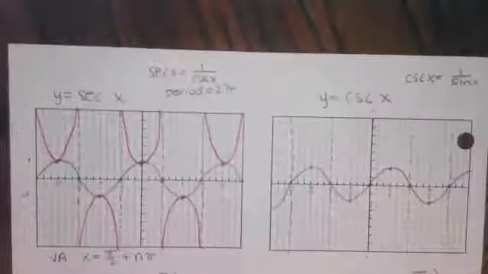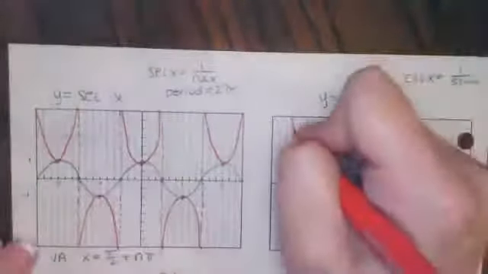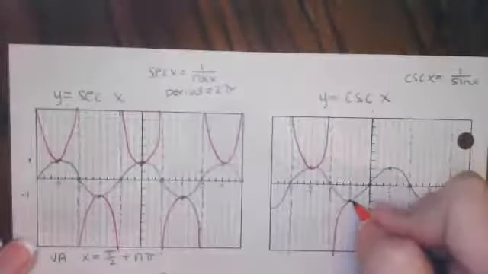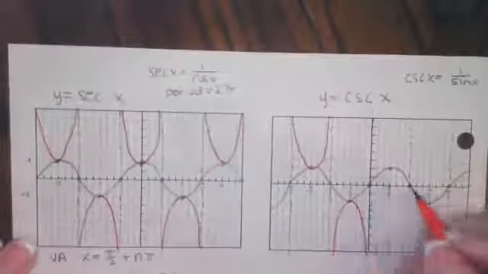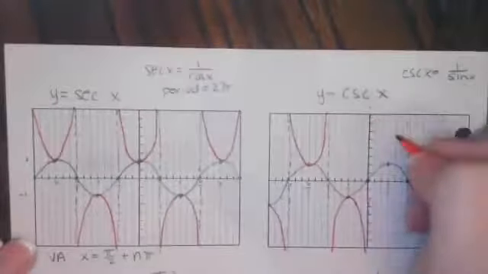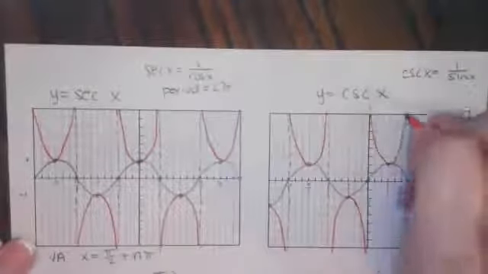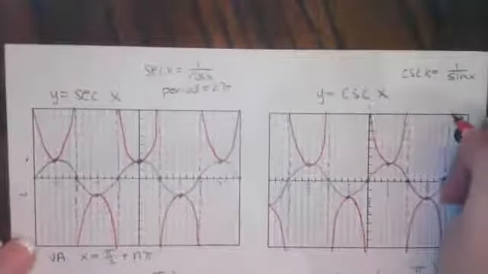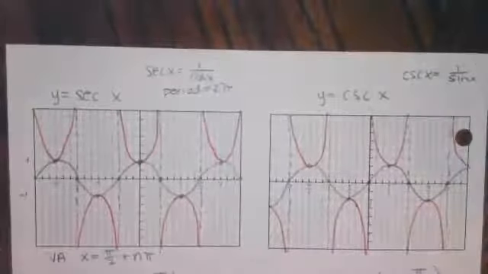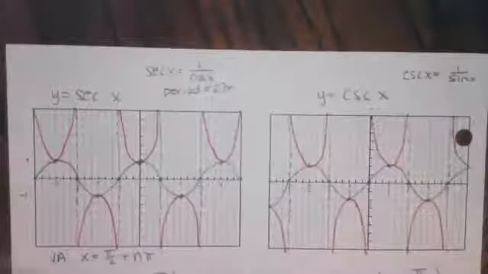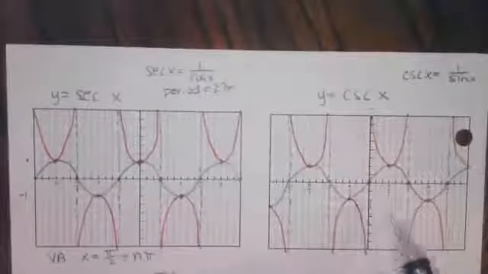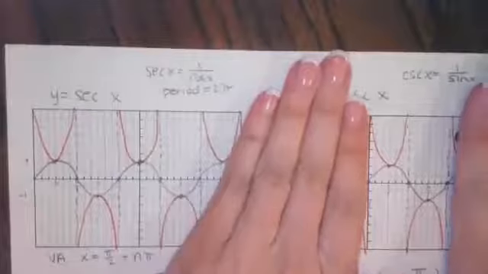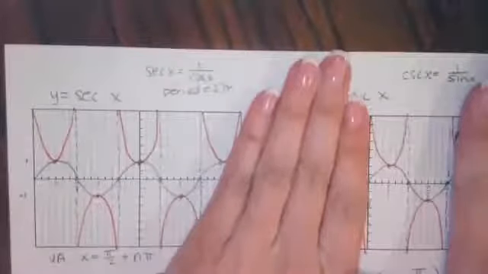And then just like the other one, we'd start at the vertex there and head on towards our asymptotes. Just like its inverse function, the sine function, it too has a period of 2 pi. This one again starts from 0 to 2 pi right there. So there's a full cycle, one on the top and one on the bottom.